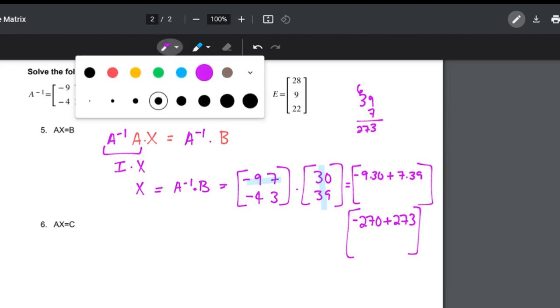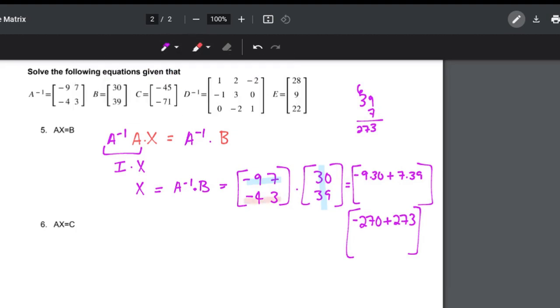And then if I distribute the second row times the 30 and 39, that's going to give me -4 times 30, which is -120, plus 3 times 39, which is 117. And that's going to give me an answer of +3 and -3. So that's my answer in matrix form.